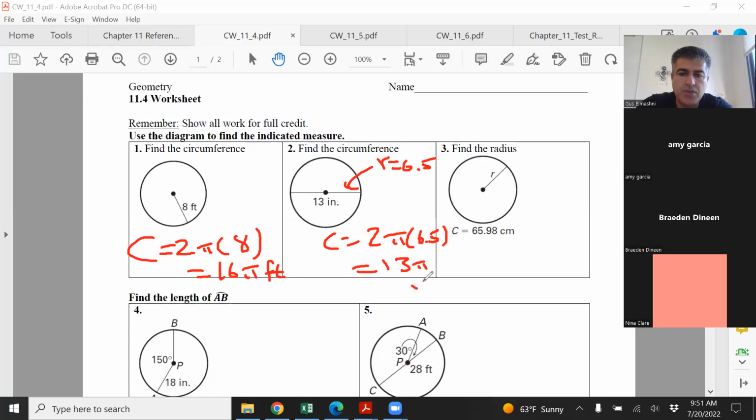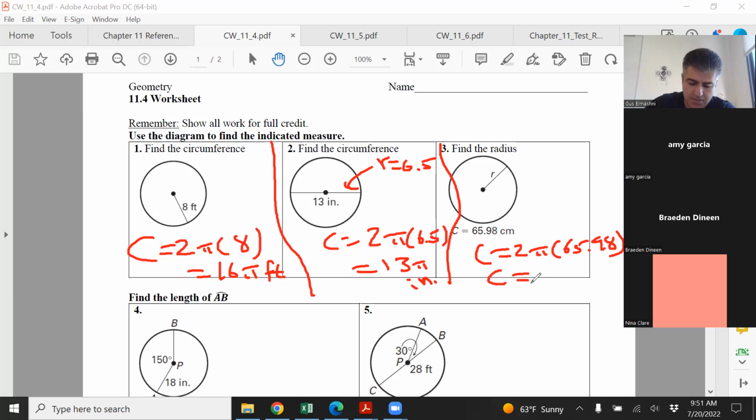So we have 13 pi inches. And ooh, that's a weird number. That's 131.96 pi centimeters. And notice I left the answers in terms of pi.